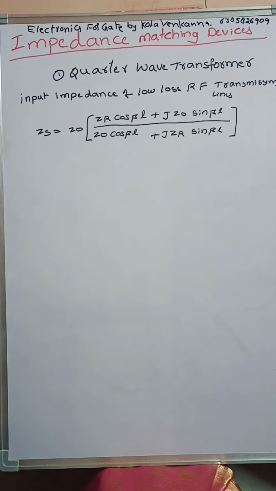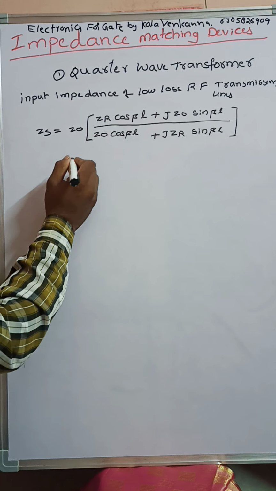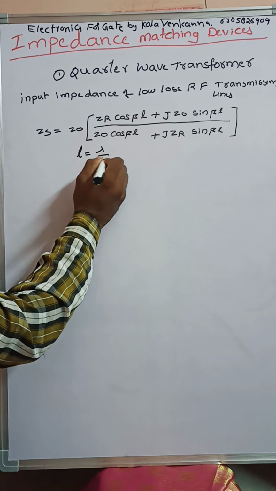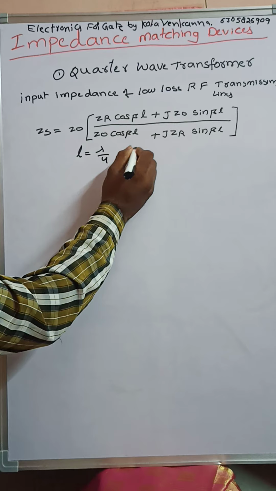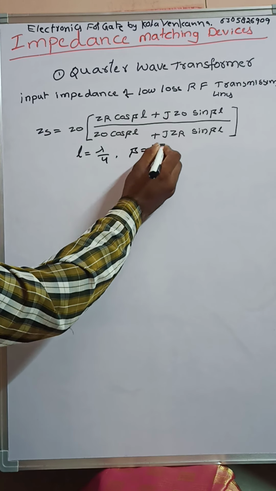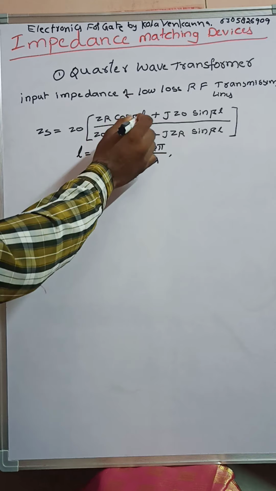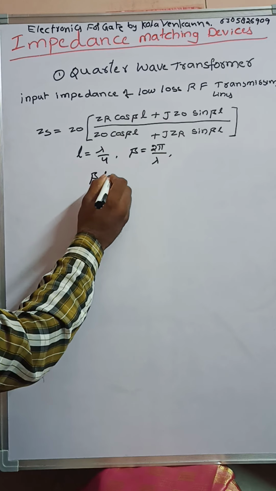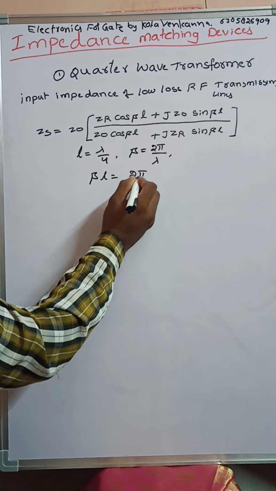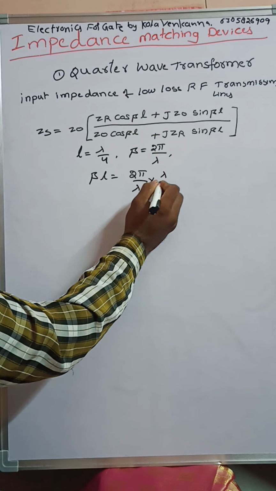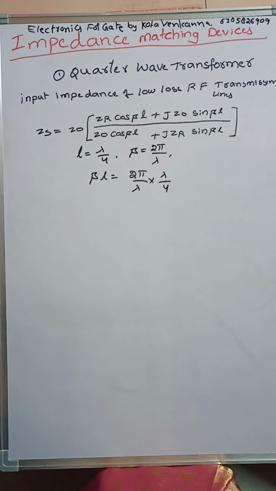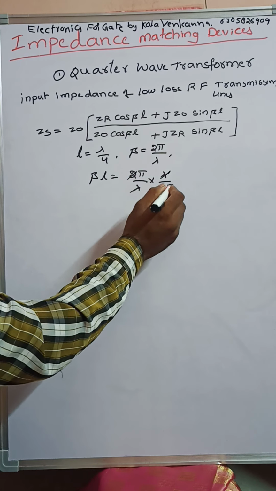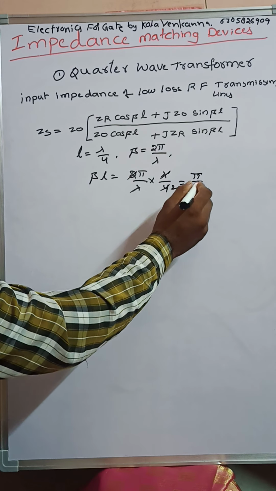So here, in the quarter wavelength, L is equal to lambda by 4 and beta is equal to 2 pi by lambda. So beta into L is equal to 2 pi by lambda into lambda by 4. Lambda and lambda cancel, 2 fours are 8, that is equal to pi by 2.